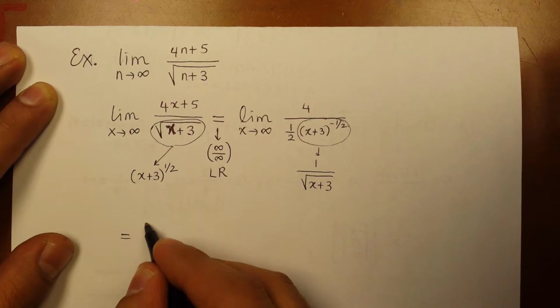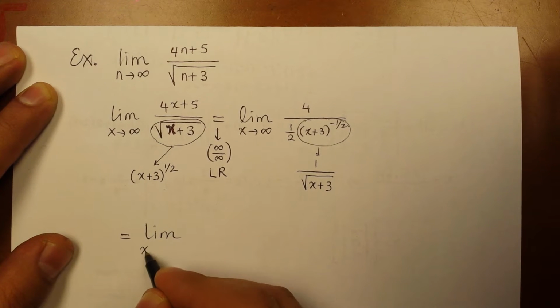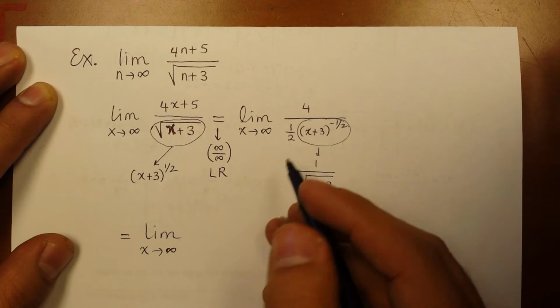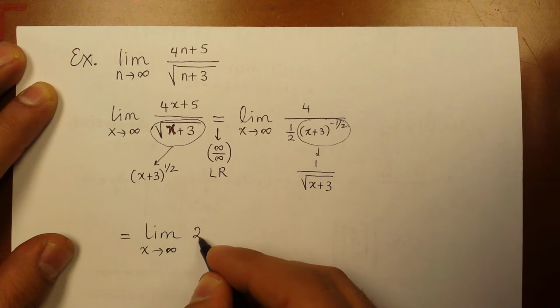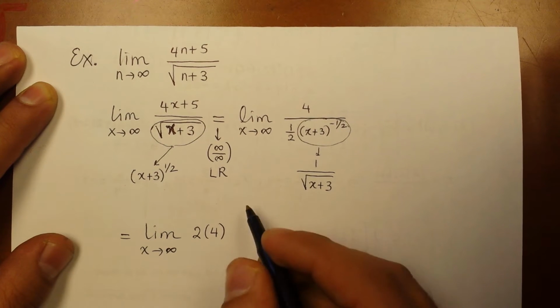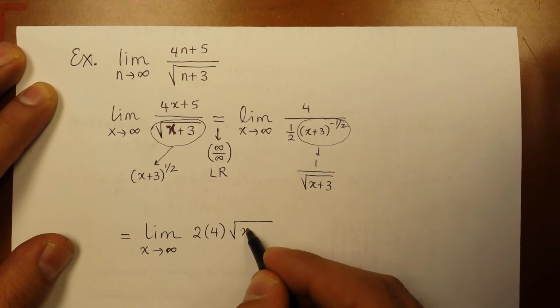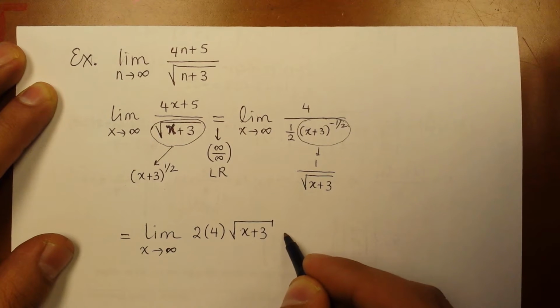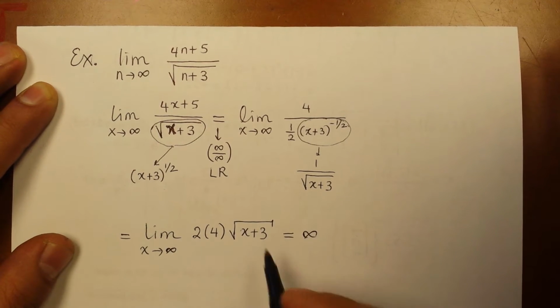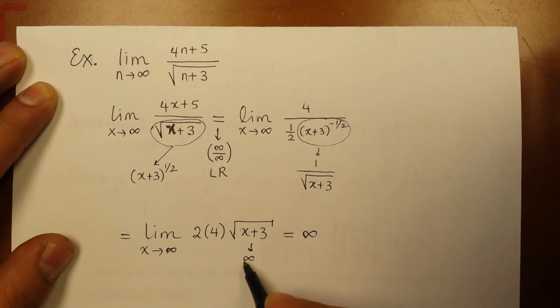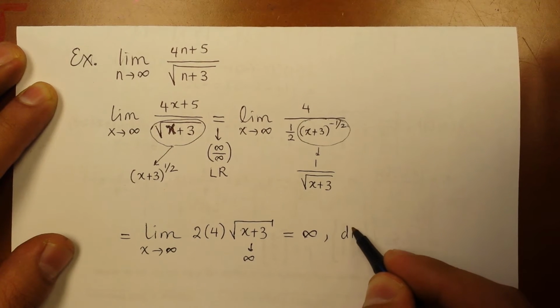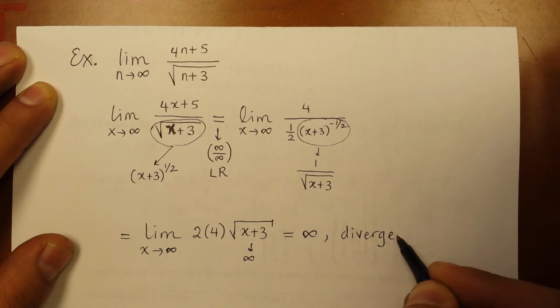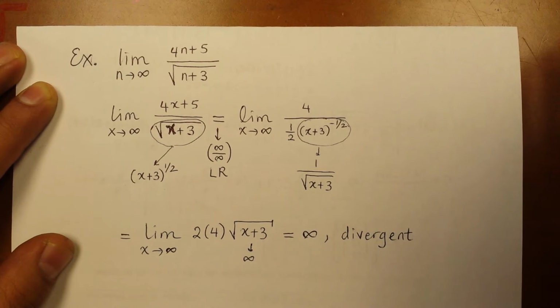If you simplify this limit as x goes to infinity, I have 1/2, you flip, so that will be 2 times 4 from the top times square root of x plus 3, and you can definitely see that limit is infinity, because x plus 3 goes to infinity. So this is a divergent sequence. Okay, this is the first example.